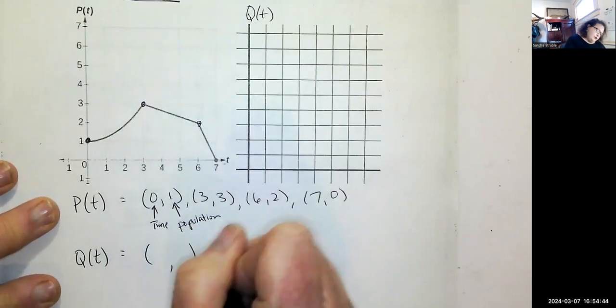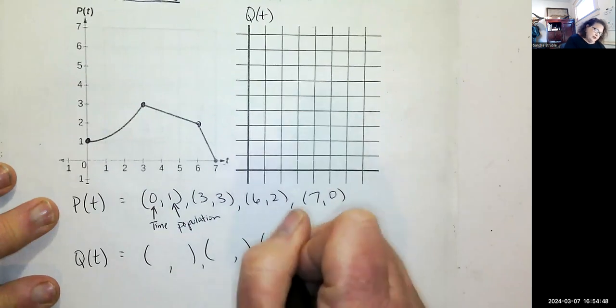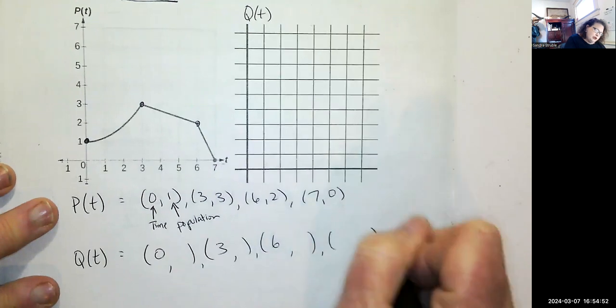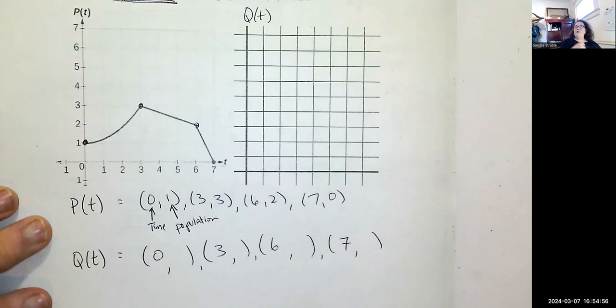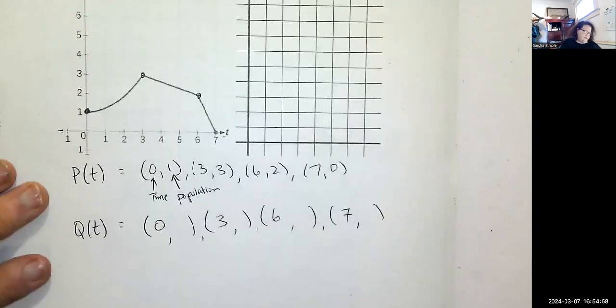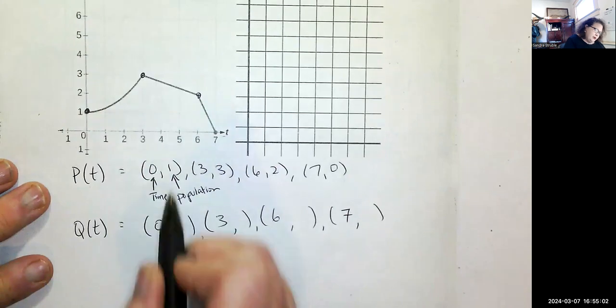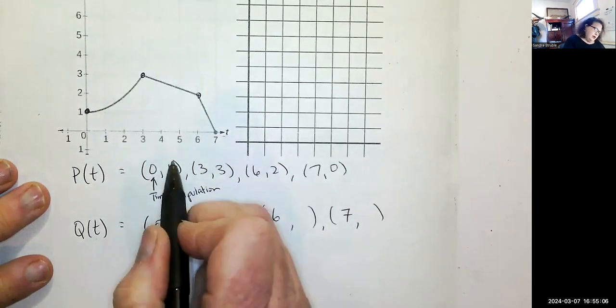So nothing's going to change for my time values, my X values. The only thing that's going to change is the size, which is my Y values or my function values. So 0 stays the same, but instead of 1, Q is twice as big. So 2 times 1.